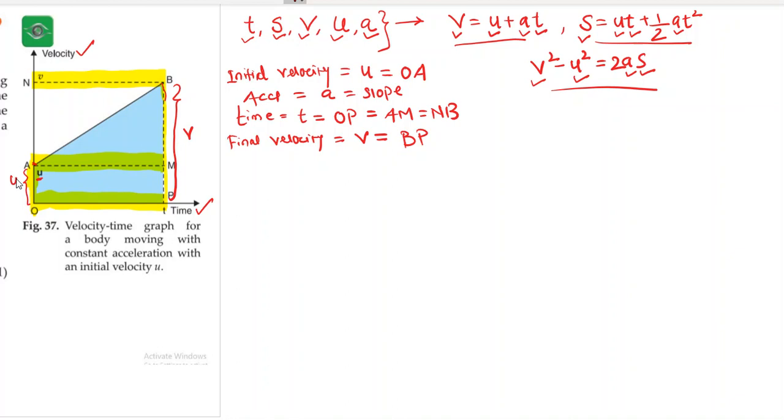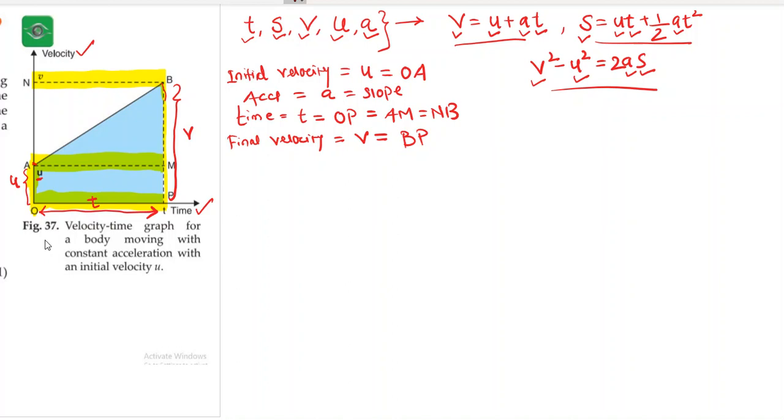This is the initial velocity OA, and this here is the time. Correct? So we have time, we have initial velocity, we have final velocity, and the slope of this graph is nothing but acceleration.